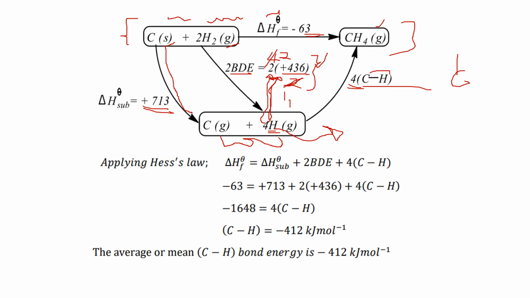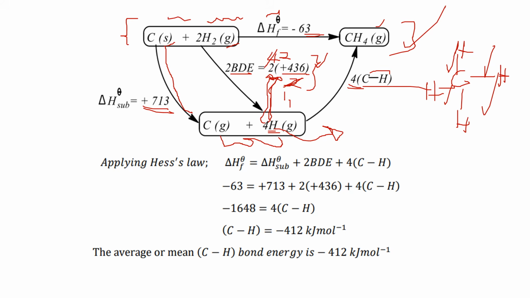In methane, carbon forms 4 bonds to hydrogen. If you draw the structure of methane, you are going to find that the carbon to hydrogen bonds are 1, 2, 3, and 4. So that's why we are writing 4 carbon to hydrogen bond energies to give us methane gas.